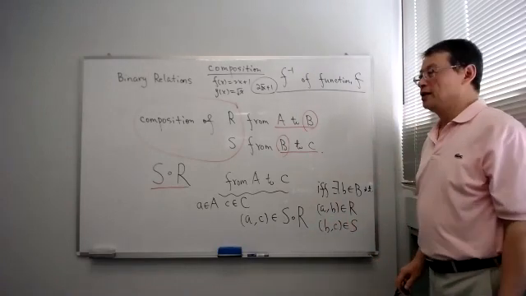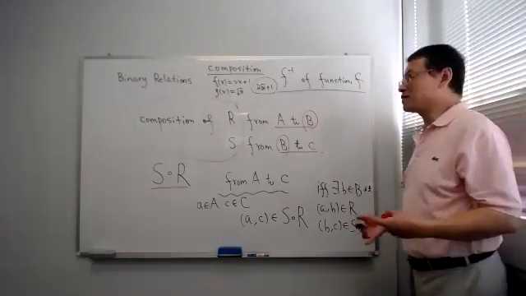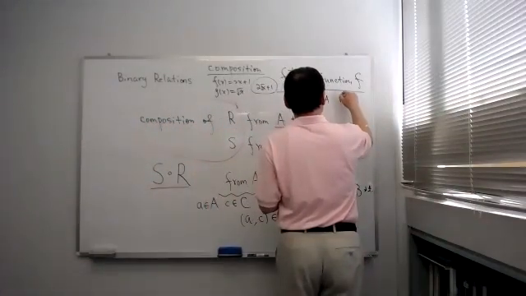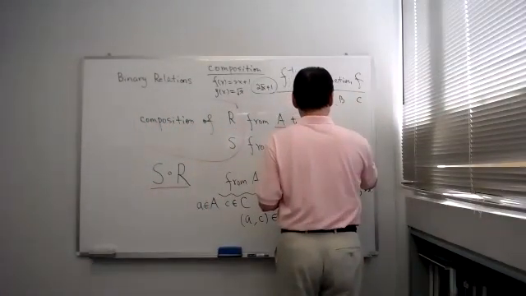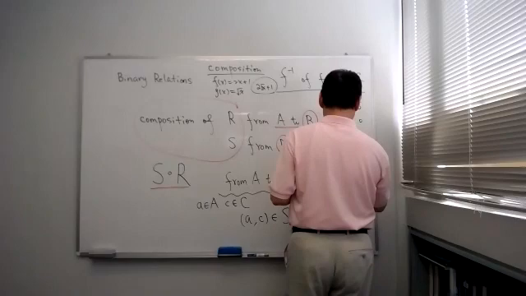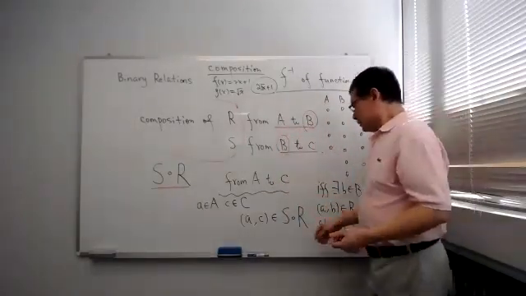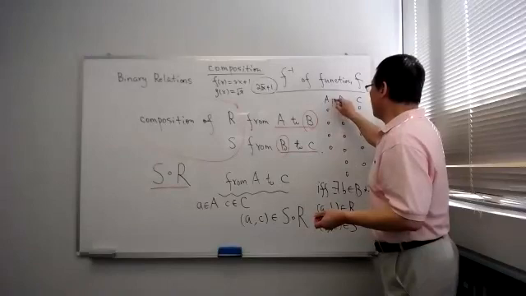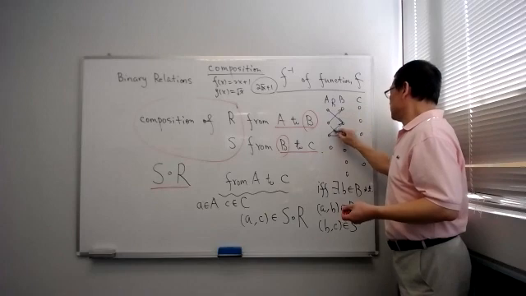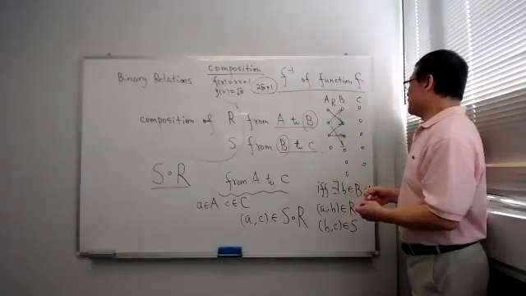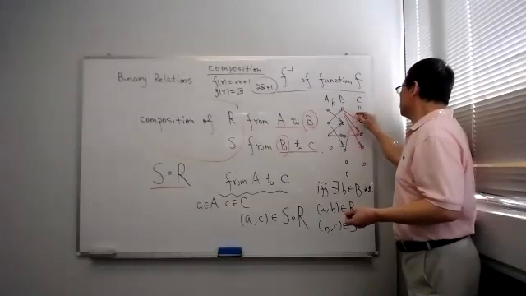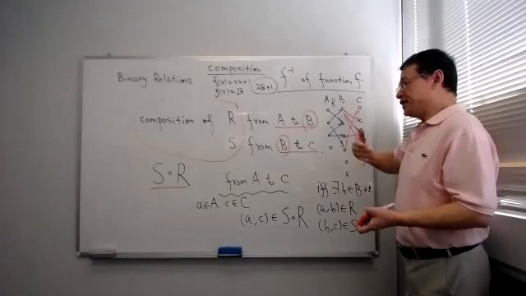So that's the definition. And graphically, what it means is very simple. Here R relates the elements A to B, and S relates the elements B to C. Now this is a new relation.